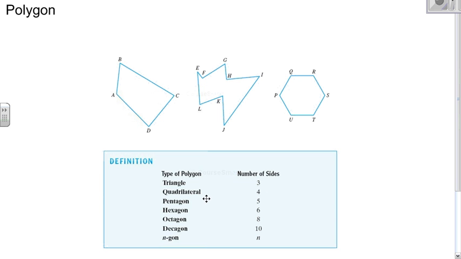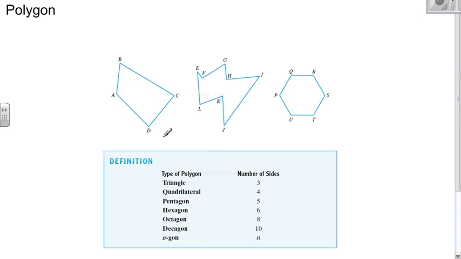Quadrilaterals have 4 sides, pentagon 5 sides, hexagon 6 sides, octagon 8 sides, decagon 10 sides, and if we don't have a specific name for it, you can just say how many sides it has. So if we look at this polygon here, it has 1, 2, 3, 4, 5, 6, 7, 8 sides, so that would be an octagon.